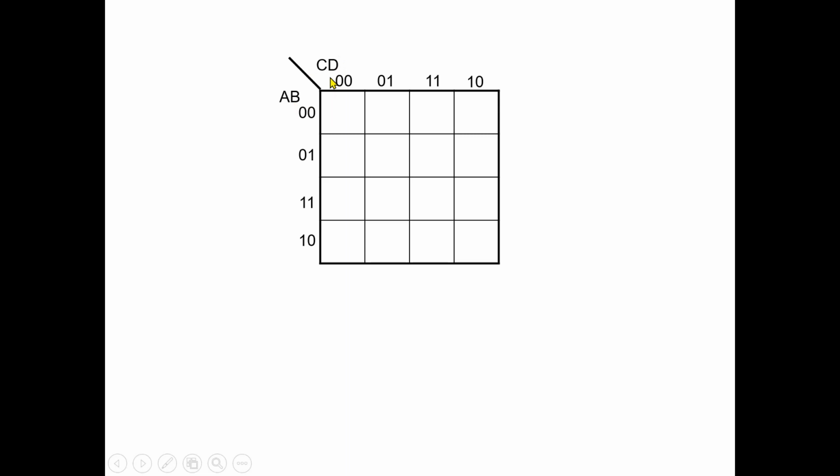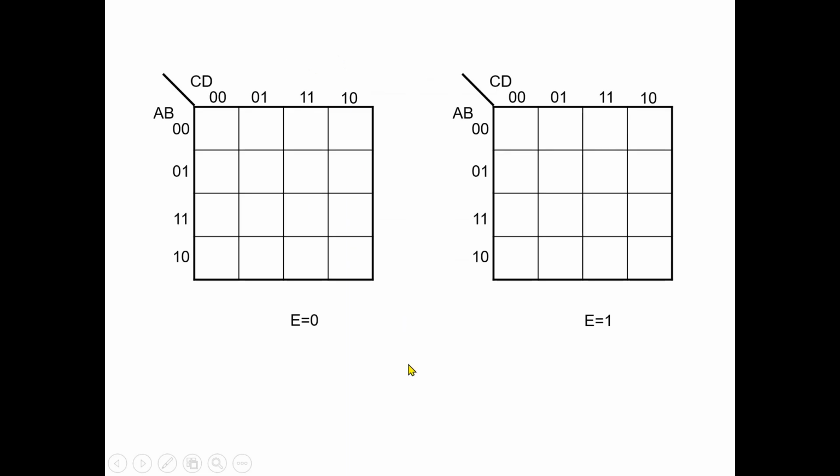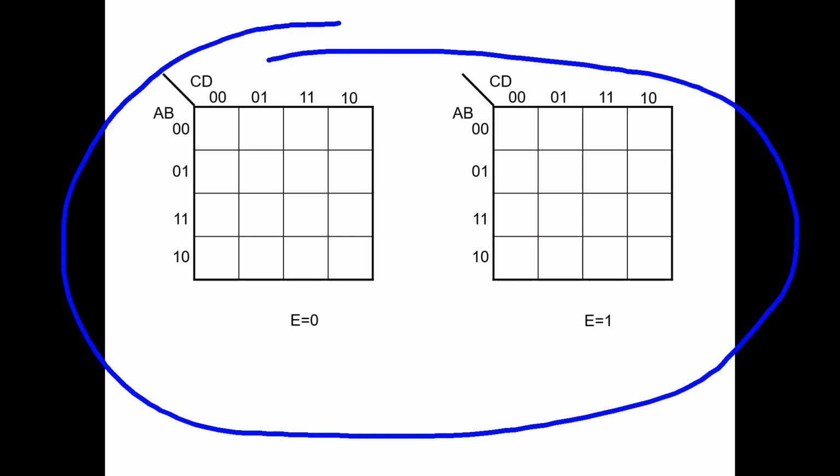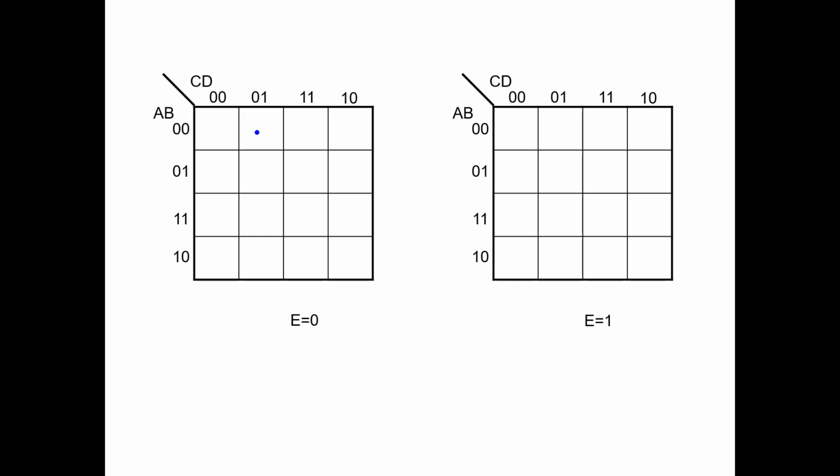And how about this one? If your system has 5 input variables, you can write down the K-map in this pattern. For example, this cell has inputs A, B, C, D equal to 0, 0, 0, 1 and E equal to 0.